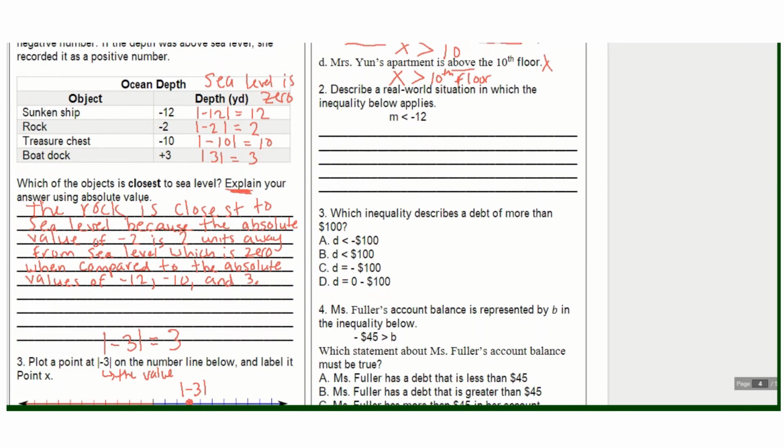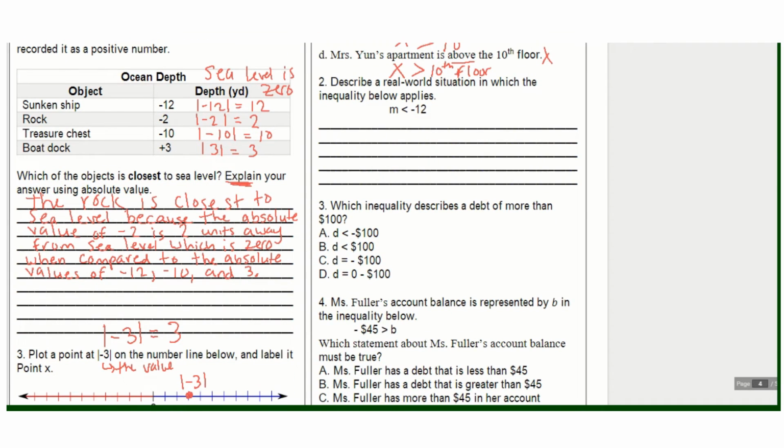All right, the next one, describe a real world situation in which the inequality below applies. So we have M is less than -12. So you're going to write your own. I'm going to give you an example. So my example would be, my friend has a bank account debt that's greater than $12. What is a debt that's greater than $12?